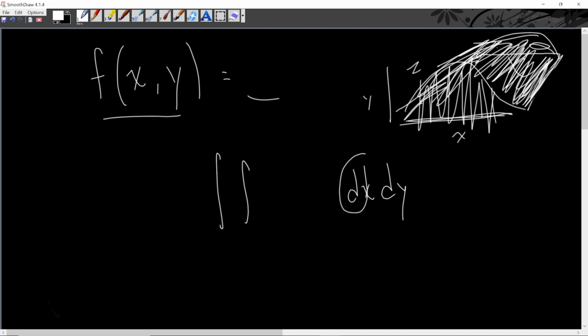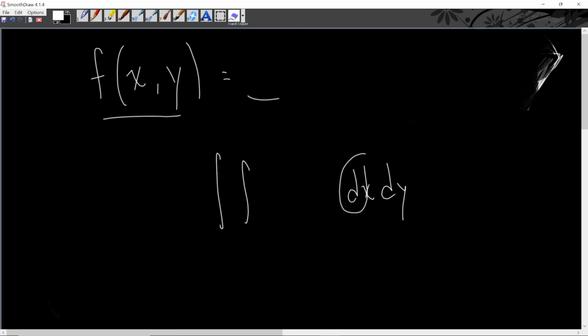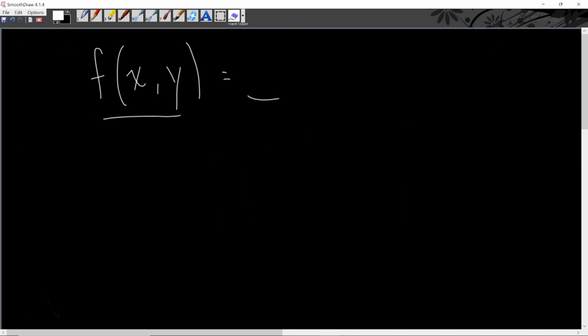So when you're doing multiple integrals, which I think we might actually do a practice problem in multiple integrals in that video, we're just going to be seeing the volume under some type of region. I know I'm not making too much sense right now. I kind of don't want to get into all of it.